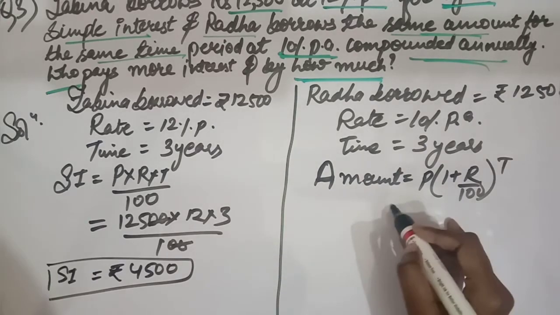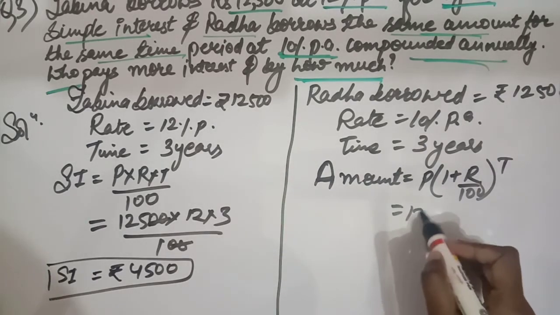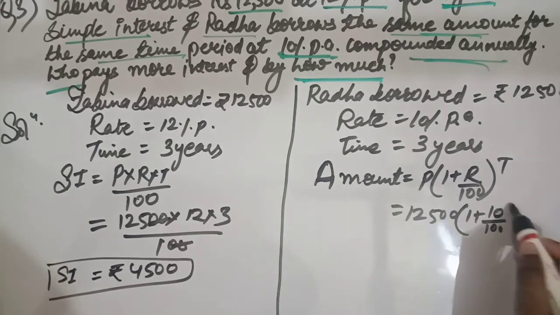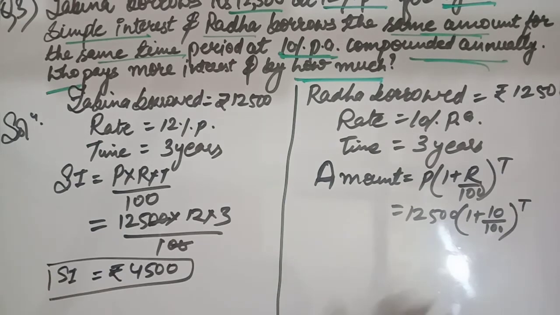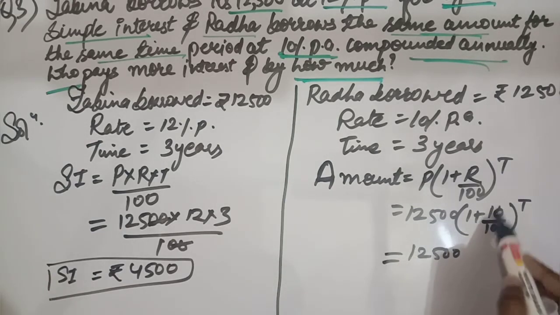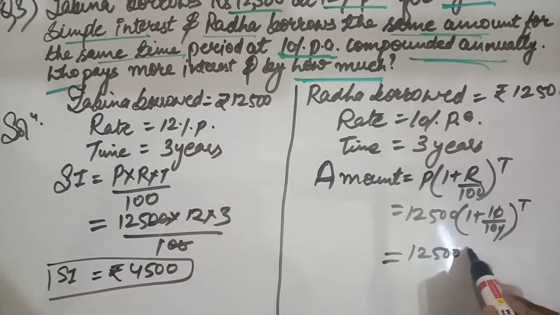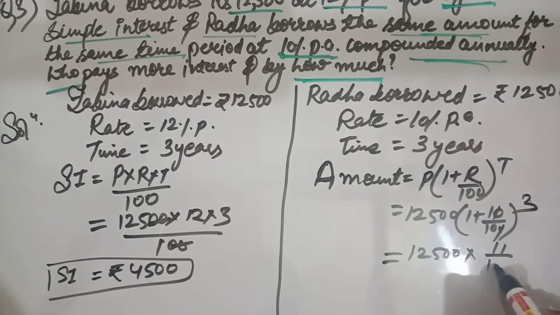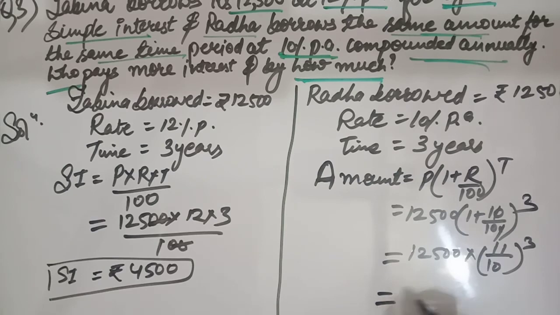Right? Now here let us find out the amount. 1 plus 10 upon 100 to the power T. T is 3 here. 11 upon 10 to the power 3, which will come out to rupees 16,637.50. Right, here the amount is this.